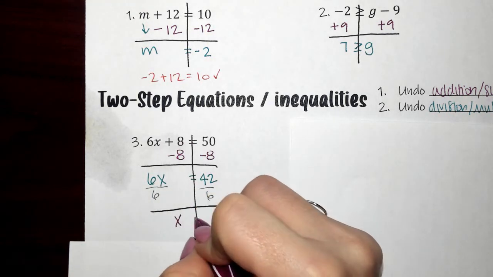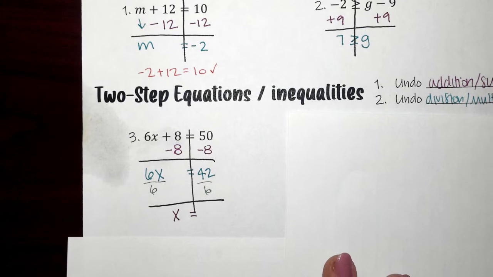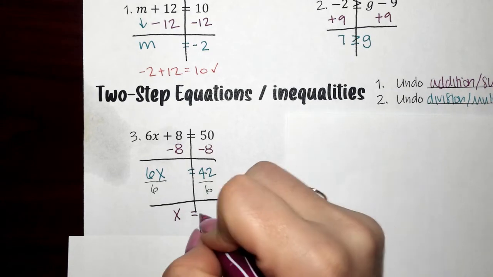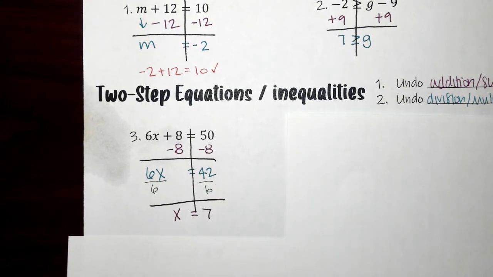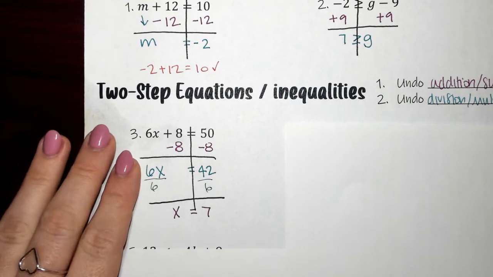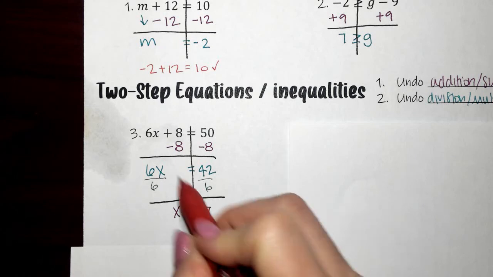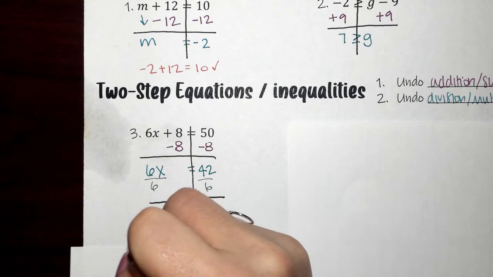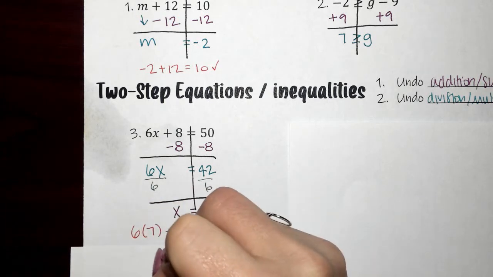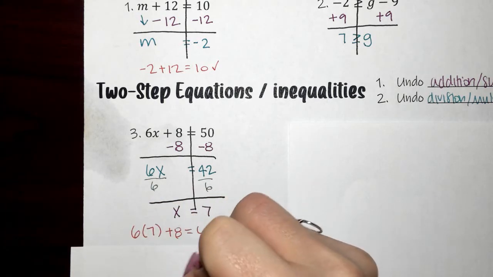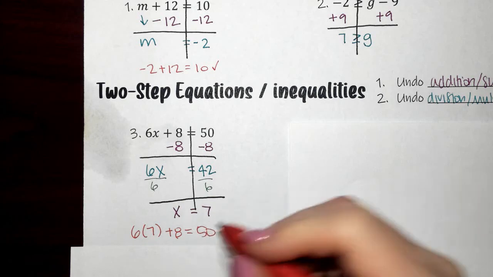So then I'm just left with that x. 42 divided by 6, I believe, is 7. So again, to check this, I would put my 7 in for my x. So 6 times 7 plus 8 equals 50. Does that equal 50? Yes, it does.